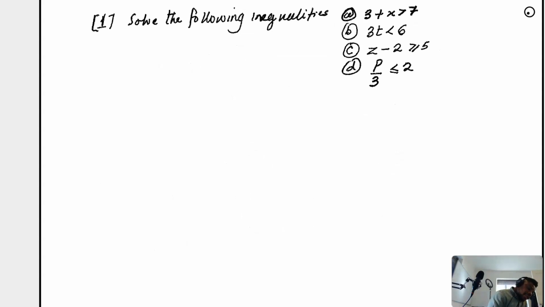Solve the inequalities. Okay, the first one says 3 plus x is greater than 7. Now, remember that we want to get our x. What is beside x? This is plus 3. So for me to remove plus 3, I have to add -3 to both sides. Let me quickly tell you what I'm trying to do here. If I have something like x plus 3 equals 7, this is a linear equation.